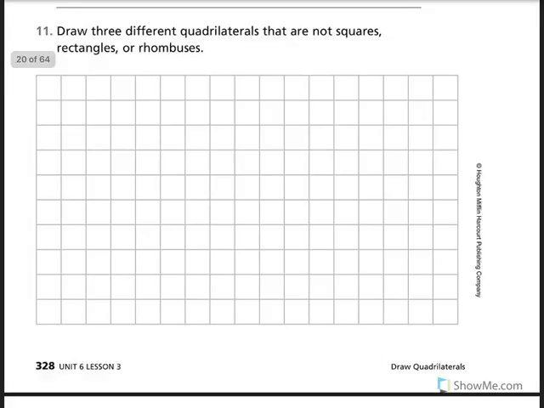So now we're going to go ahead and draw some non-squares, rectangles, or rhombuses. So basically this is way more creative because as long as it's four-sided, closed, and doesn't have any curved lines, it's a quadrilateral, right? So let's do, and then boom, and then boom.